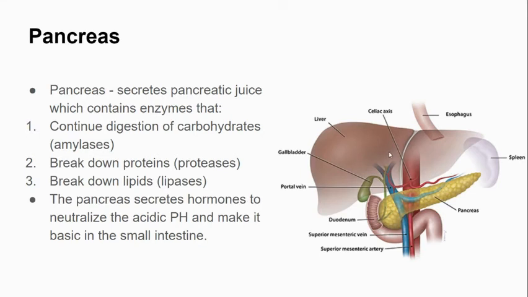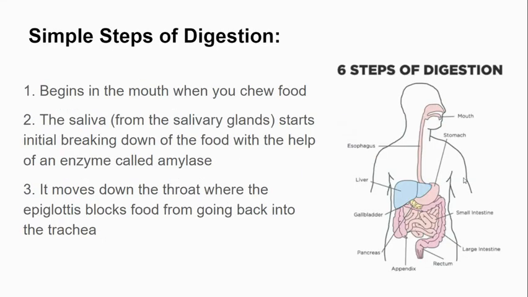It breaks down proteins, and it breaks down lipids, which are fats. And it secretes a hormone that neutralizes the acidic pH levels and makes it basic for the small intestine.